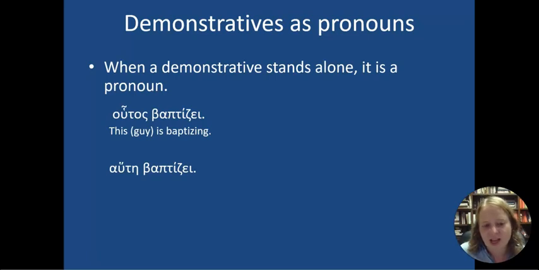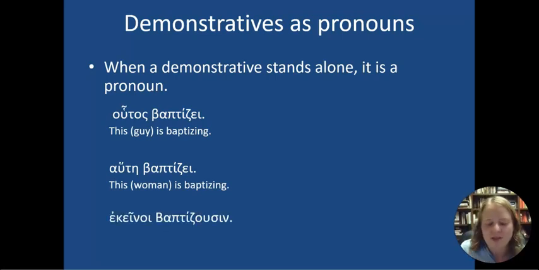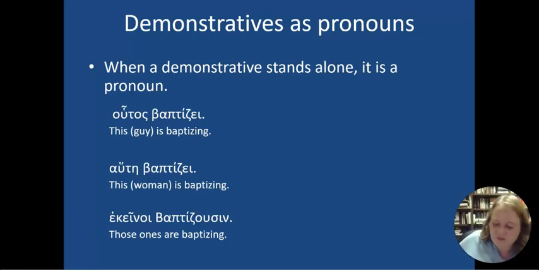Similarly, hautē baptizei, she or this woman is baptizing. Ekeinoi baptizousin, those ones are baptizing. Those folks over there are doing the baptizing. So it can either function as an adjective. If so, it is the opposite of our normal adjective rule, in which the definite article not being in front of it is what makes it an adjective. And then if there's just no noun nearby, it's just functioning as a pronoun.